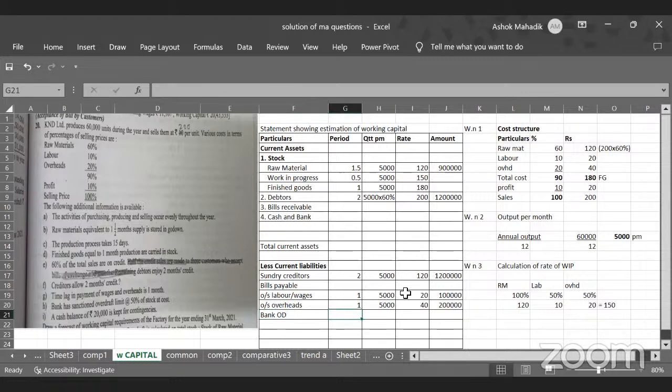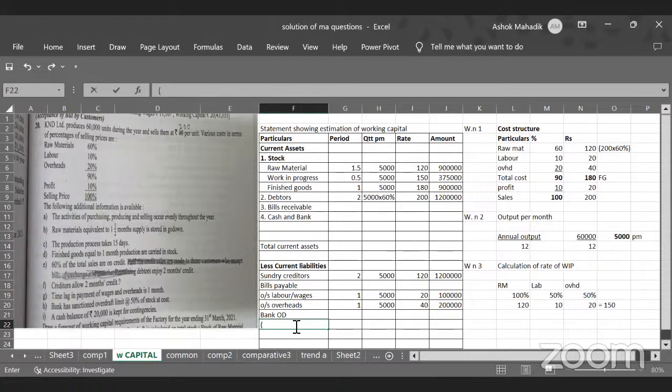So we have to first calculate and add all the stock, including the amount of WIP. In case of overdraft, they have told us to add all 3 types of stocks into 50%. Add all the stocks.